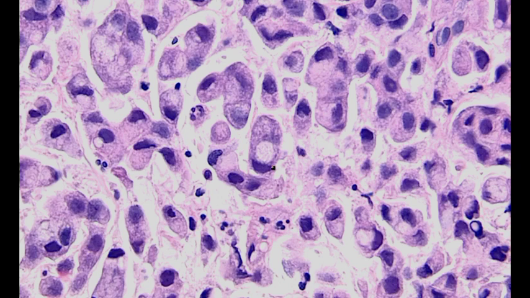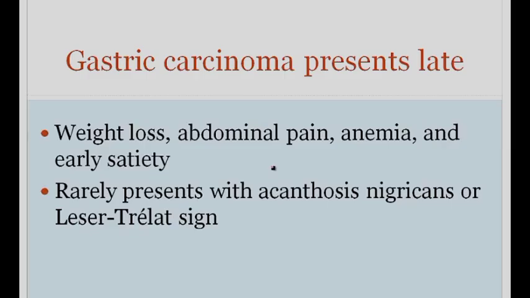So let me just summarize very briefly. There's two types of stomach cancer. There's an intestinal type, which produces an ulcer, and then there is a diffuse type, which diffusely thickens the wall of the stomach on gross exam and is characterized by signet ring cells. Now, gastric carcinoma, whether the diffuse type or the intestinal type, presents late.